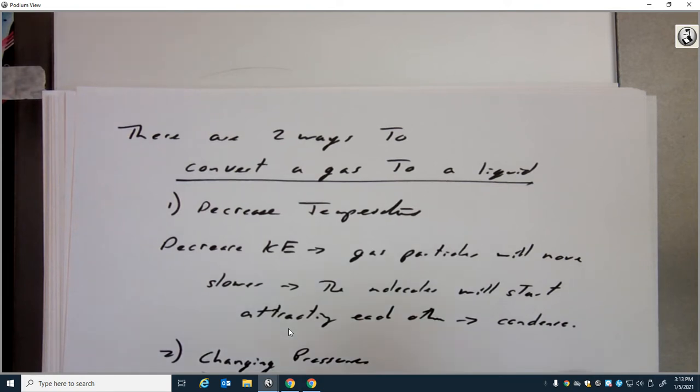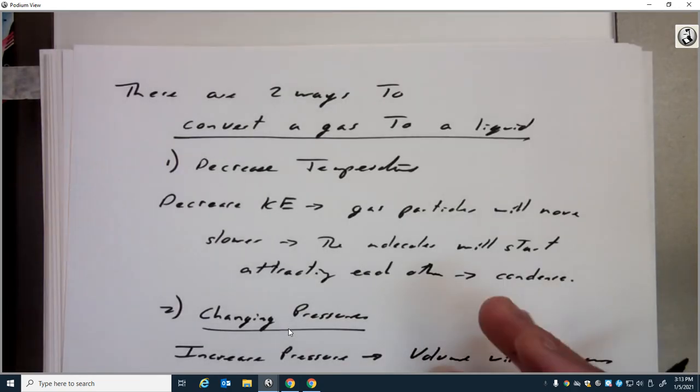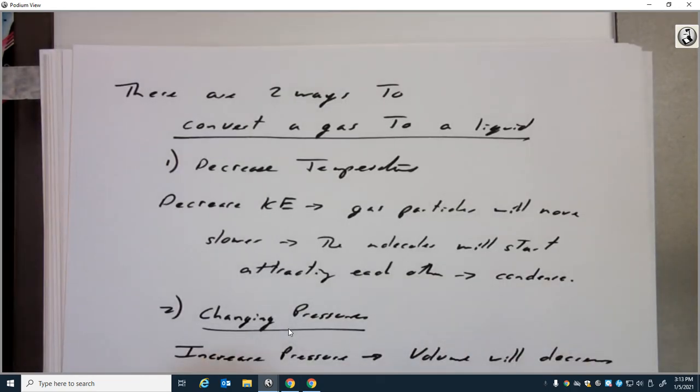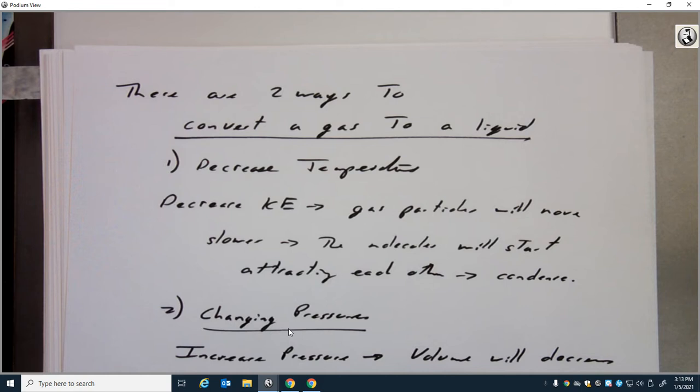In other words, we're forcing the particles closer together. So the distance between gas molecules decreases.